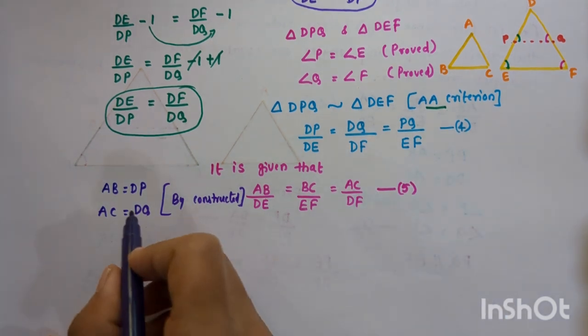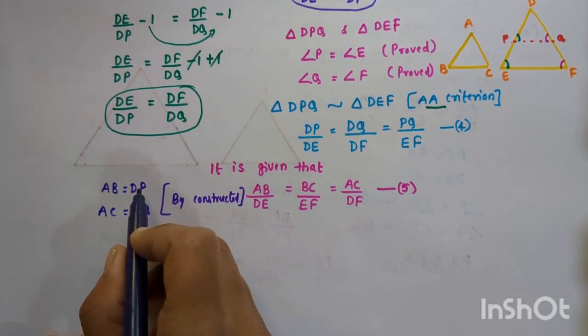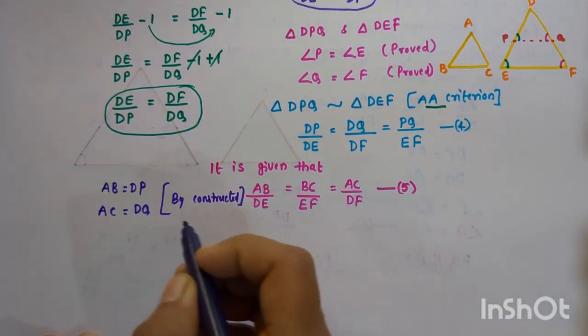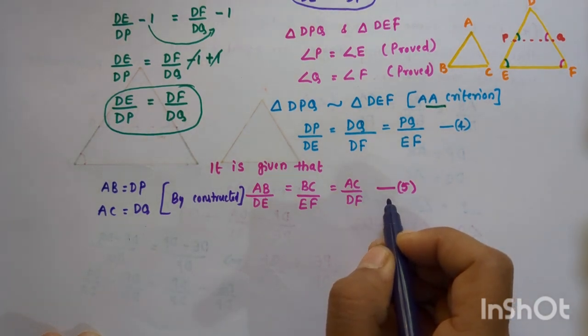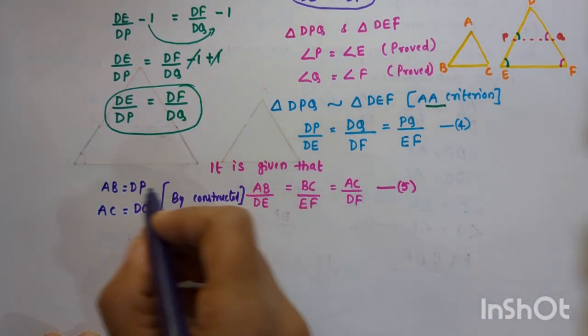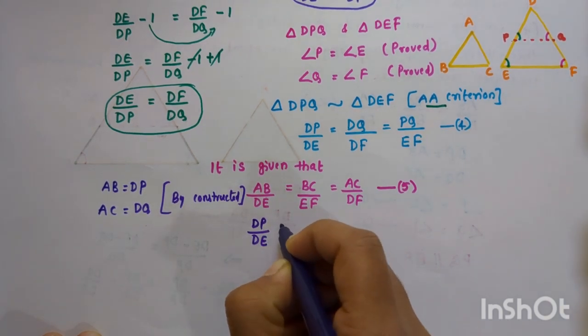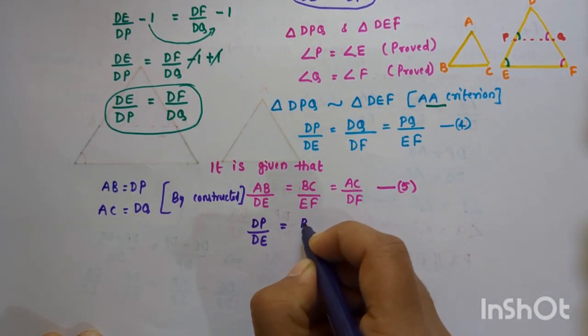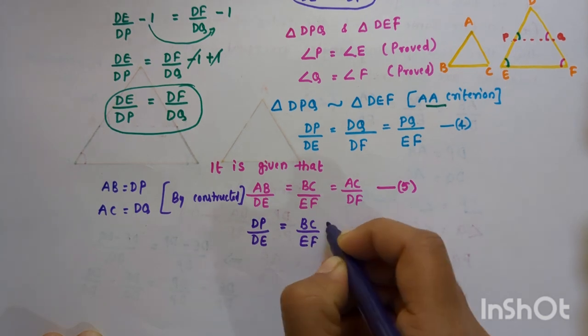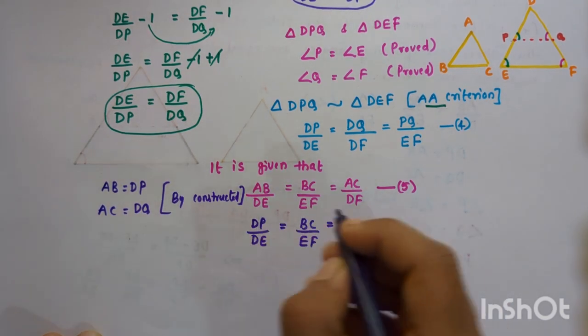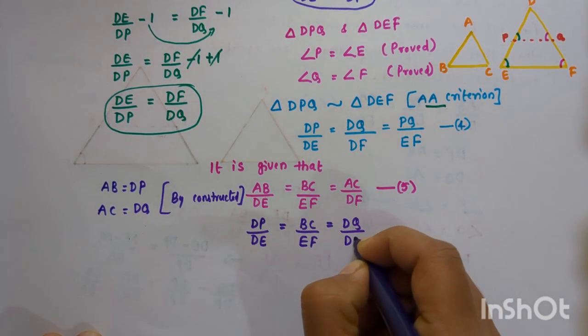Now I am going to apply AB is equal to DP and AC is equal to DQ in this equation 5. So we can write it as AB is DP, so DP divided by DE is equal to BC divided by EF is equal to AC is DQ, so DQ divided by DF.